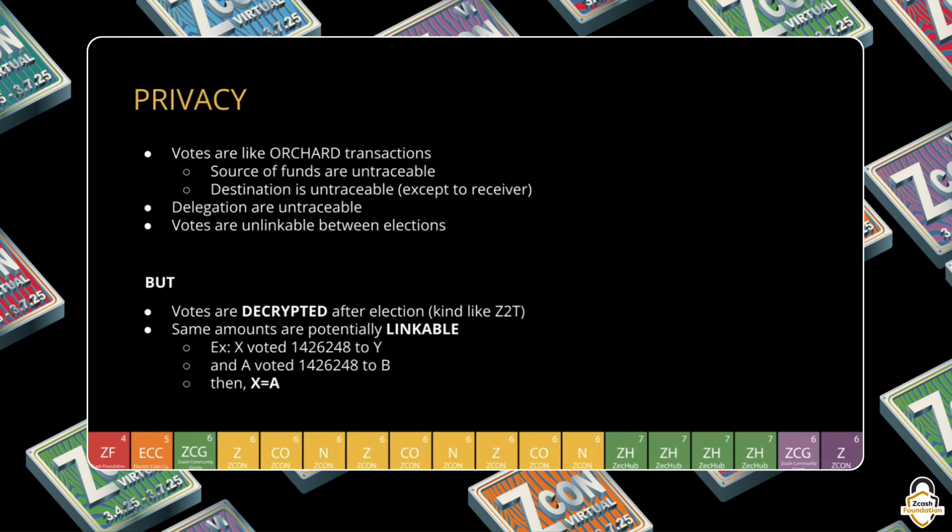Right? So it's essentially the same level of side channel analysis that you would be able to do if you were going through an exchange. If you withdraw a certain amount from an exchange and you put that exact amount on another exchange, and these amounts are very strange, like 1.625 ZEC, and you deposit the same amount on a different exchange, then it's most likely that you are the same person.